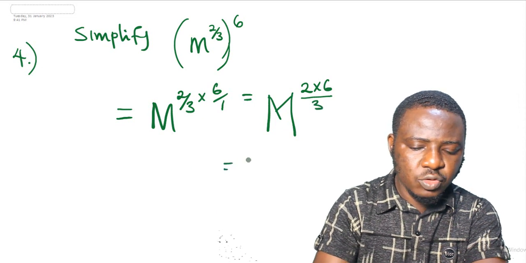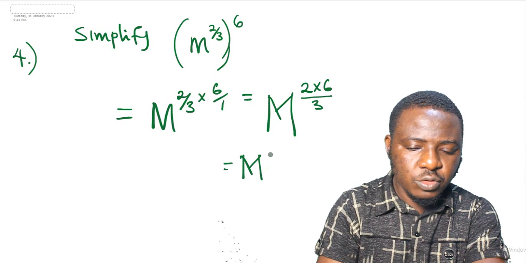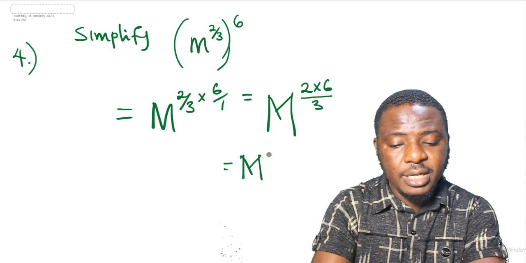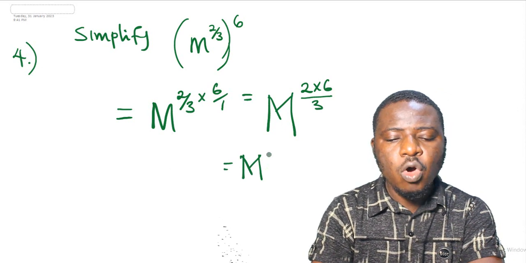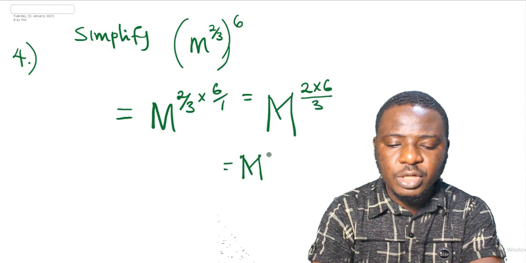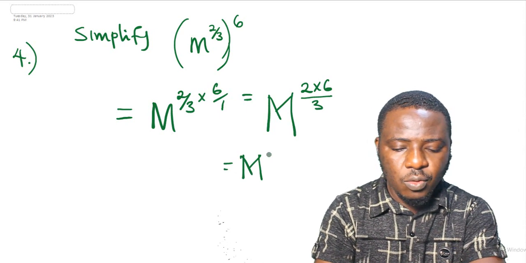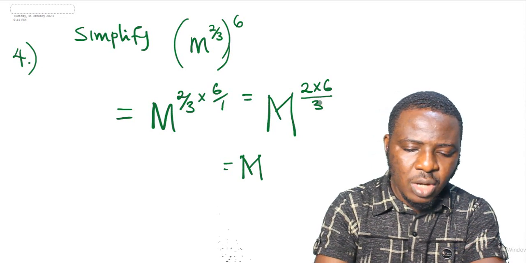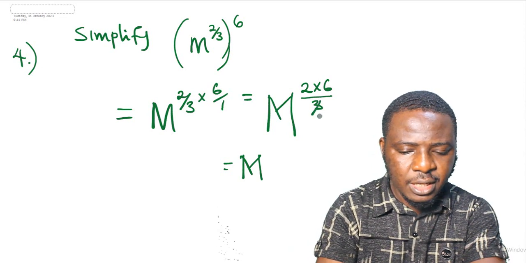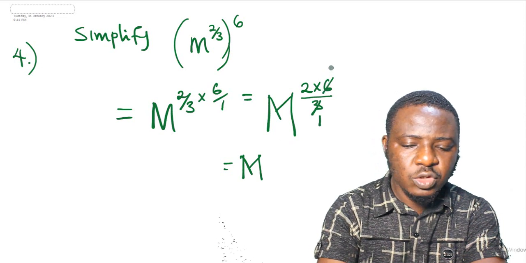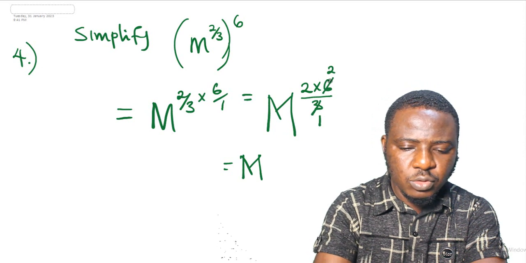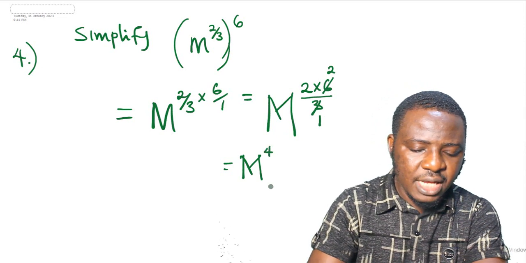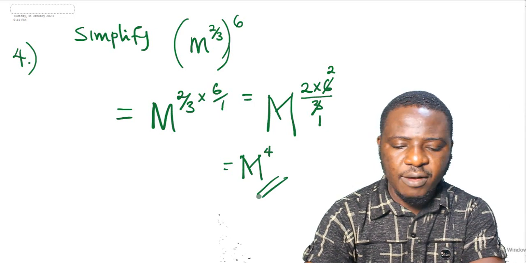This can further be simplified by dividing the numerator by the denominator, because they have a factor that can divide, or you can multiply the numerator before you divide by the denominator. Whichever way you take is still okay. So I'm going to divide for simplicity's sake. 3 into itself is 1. 3 into 6 is 2, because 3 is a factor of 3 and 6. So when you multiply out, this becomes 2 times 2 is 4, and 4 over 1 is the same thing as 4. So your answer is m raised to power 4.